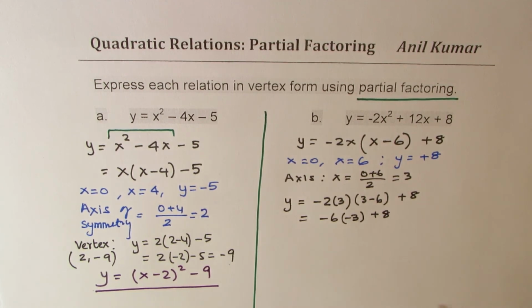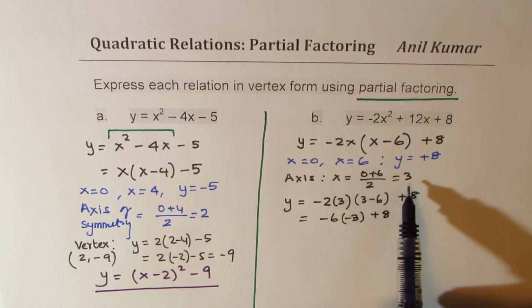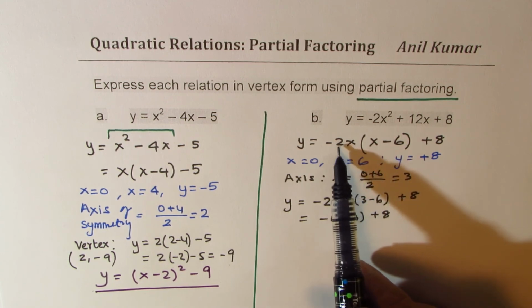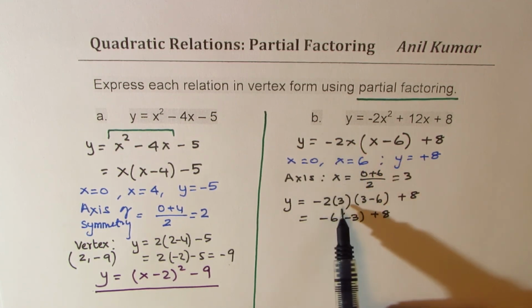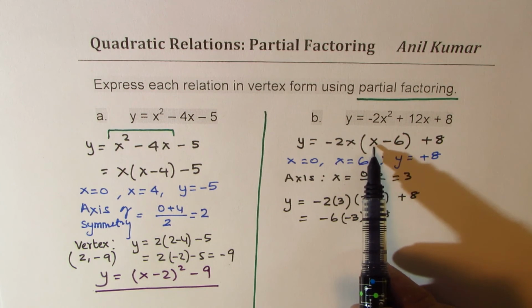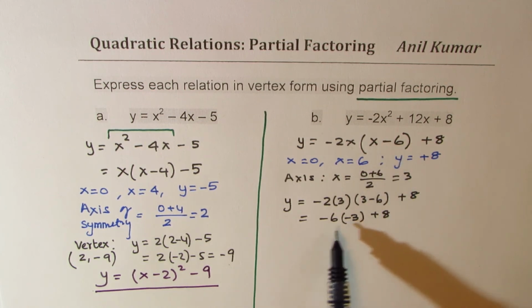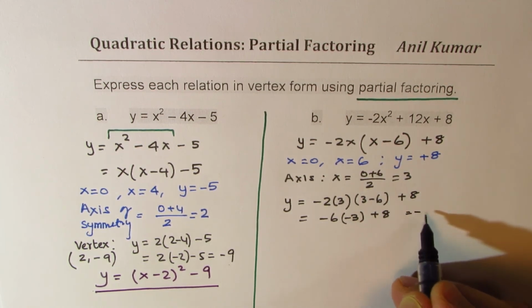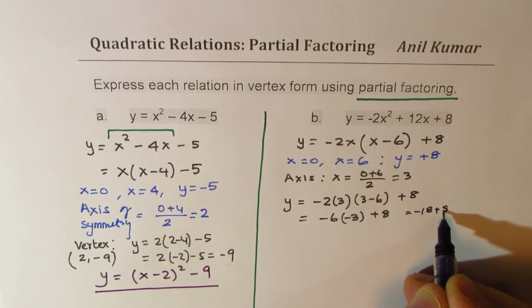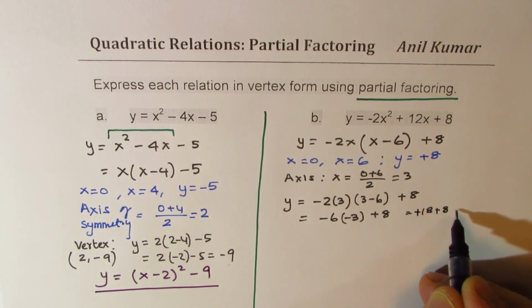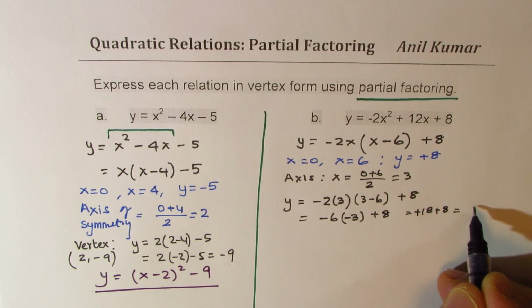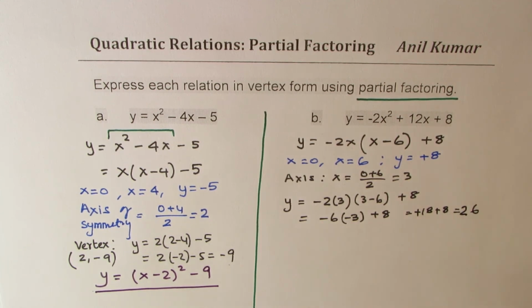So what we have here is that we have substituted 3. When I substitute 3 here, minus 2 times 3 is minus 6 and 3 minus 6 is minus 3. So when you multiply, you get plus 18 plus 8, which is 26 as the y value. Correct?